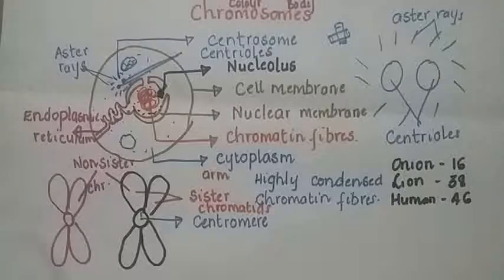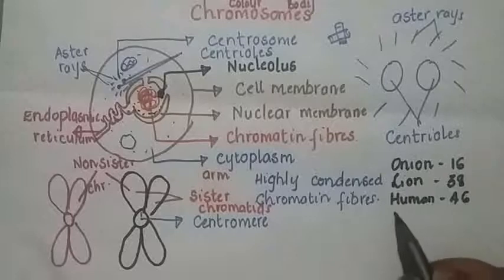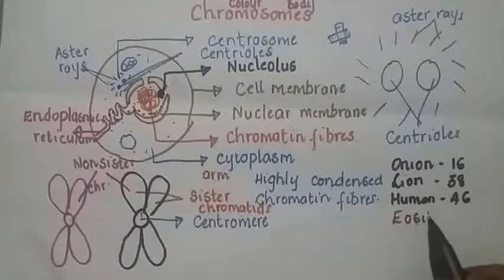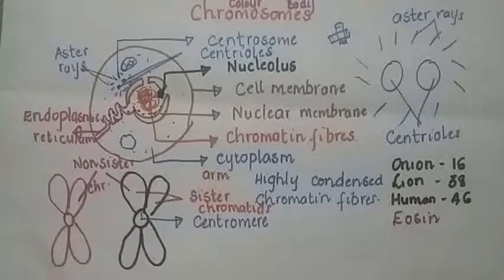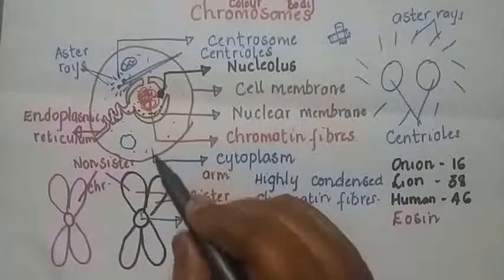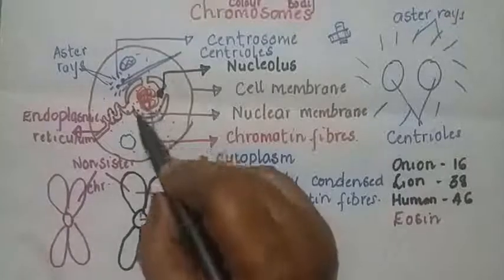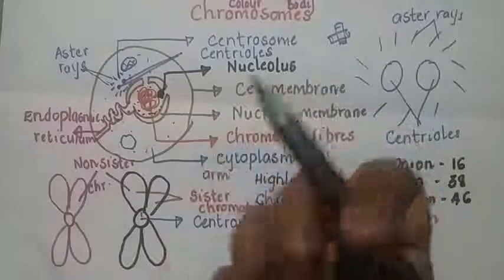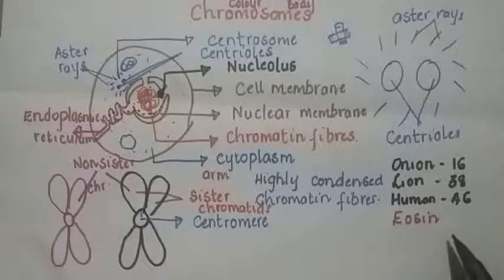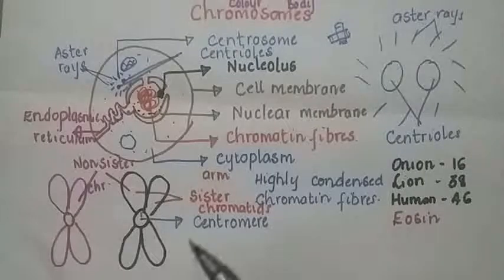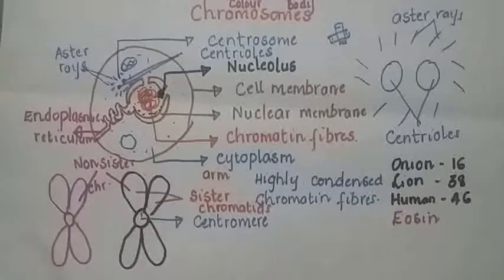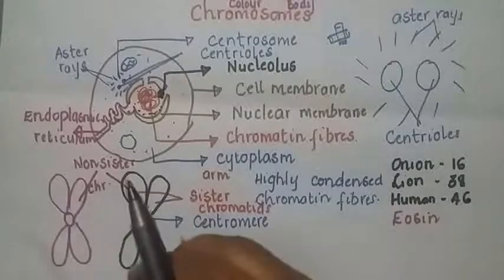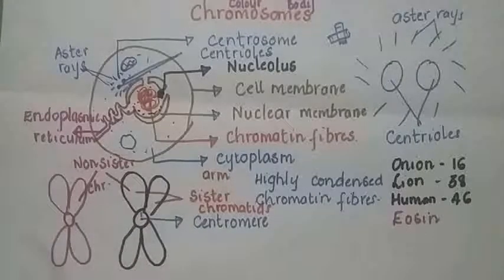So, in order to observe these cells under a microscope, certain dyes are used in the lab. One such dye is the eosin solution. When we add eosin solution to the cells, especially the chromatin network, that is the chromatin fibers or the chromosomes, will absorb that color, and after which, if you observe those cells under a microscope, you can clearly observe these bodies which have taken up the color.